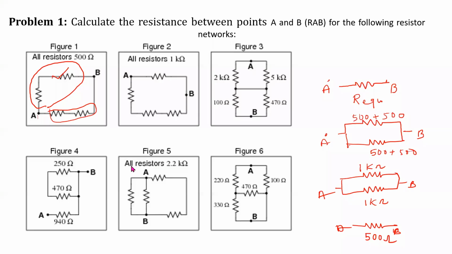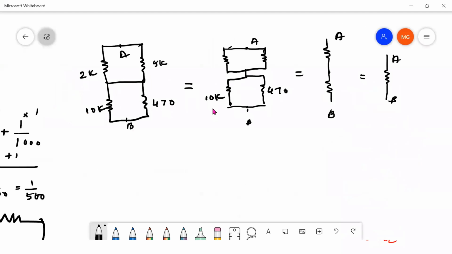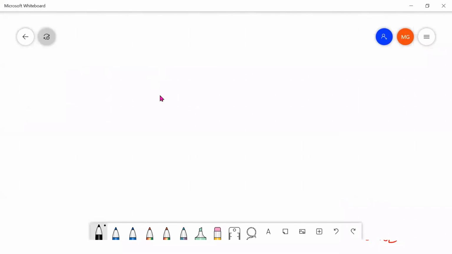You can say all resistor values are 2.2 kilo ohm. All resistor values are 2.2 kilo ohm. Okay. What about these two resistors? These two resistors are connected in series. All right. As a result, what will we get? What is the equivalent circuit after the first reduction?